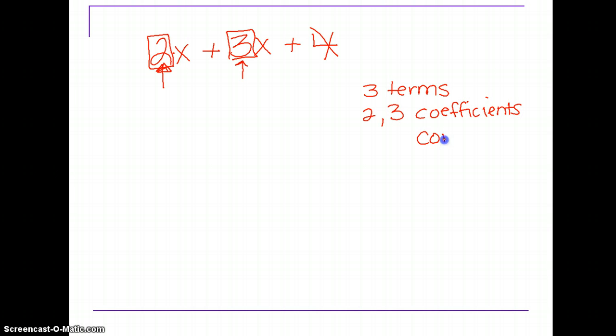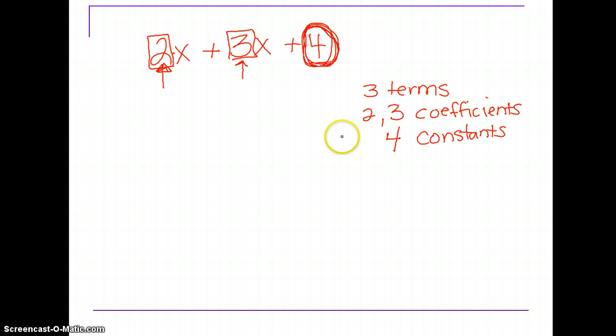Constants would be just the number. No variables, just a number. In this case, a constant would be 4. 4 is not being multiplied by any variable, so 4 is the only constant.